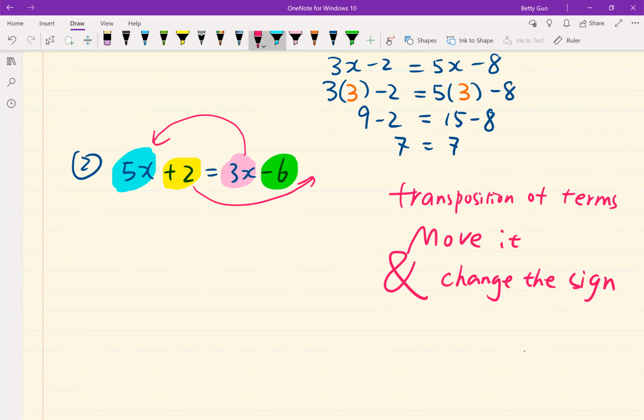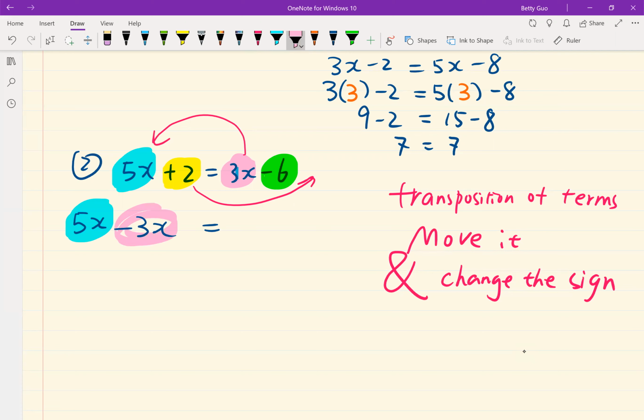Okay, so we have 5x on the left. We're just going to copy it because it is on the left right now, it's still on the left. We didn't change anything to the blue part. We want the pink part over. So we move 3x over. Positive 3x becomes negative 3x. So you see what happened here.